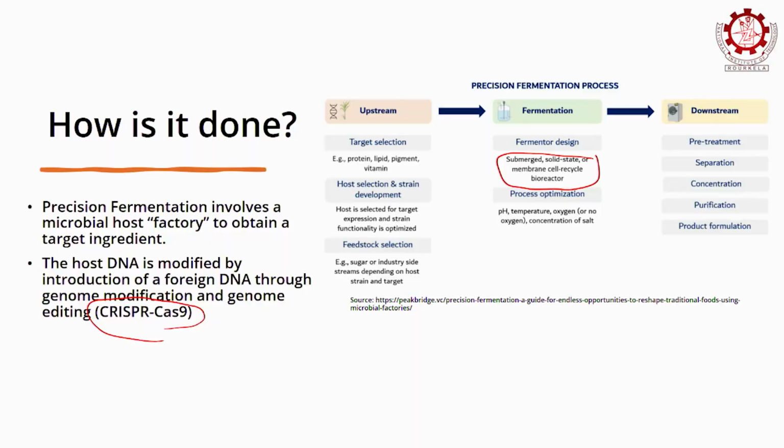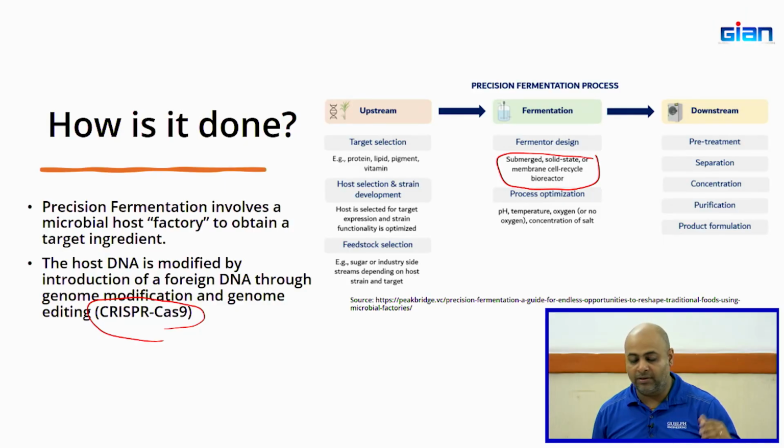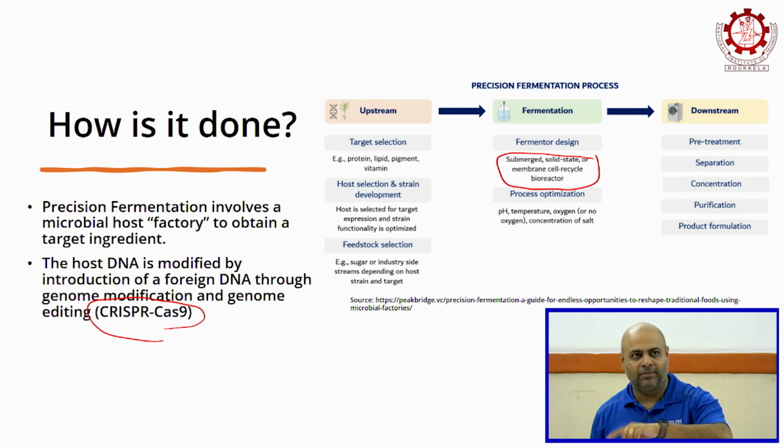Then you come to the process optimization: the pH, the temperature, the oxygen or no oxygen, the concentration of the salt. Between the submerged and the solid state fermentation systems, which would give you much better control over the fermentation processes, like the pH and the temperature?